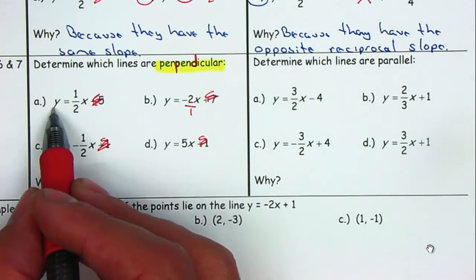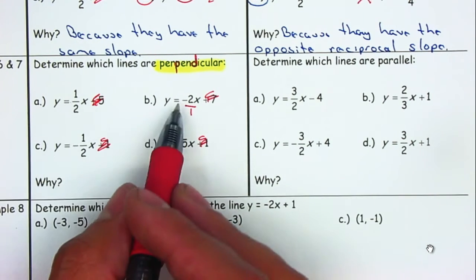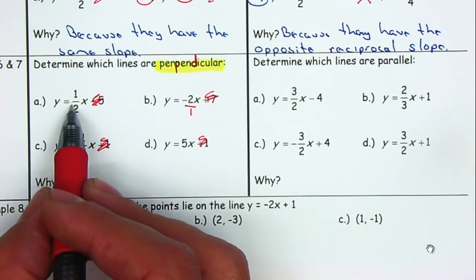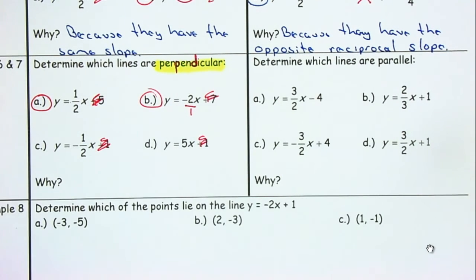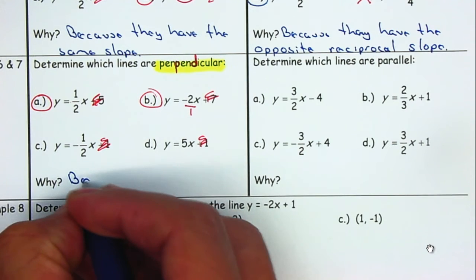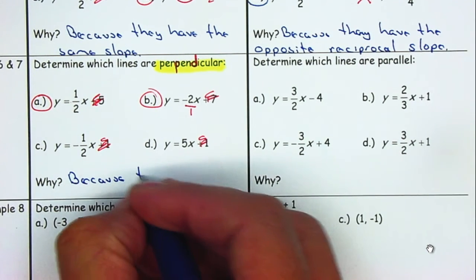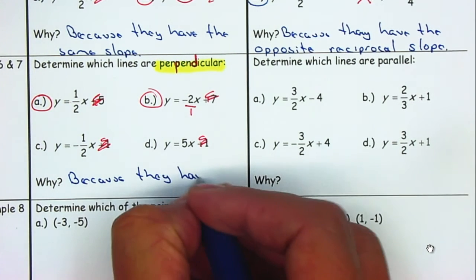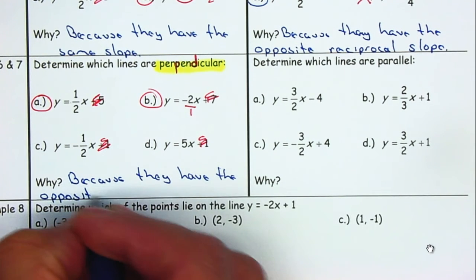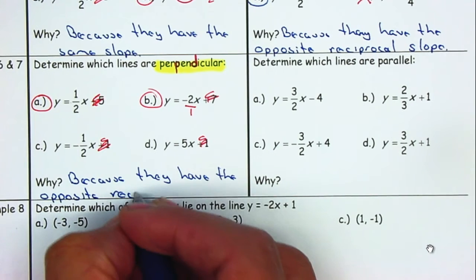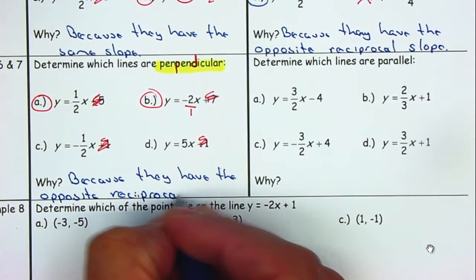So A and B have one positive, one negative, and their slope is flipped: 1 over 2, 2 over 1. Because they have the opposite reciprocal slope.